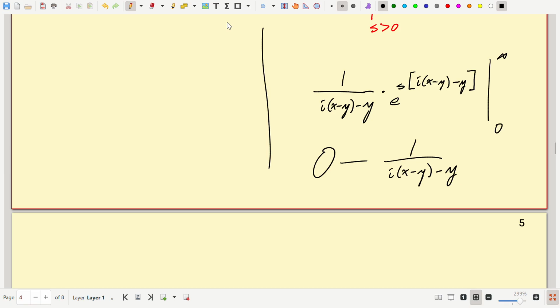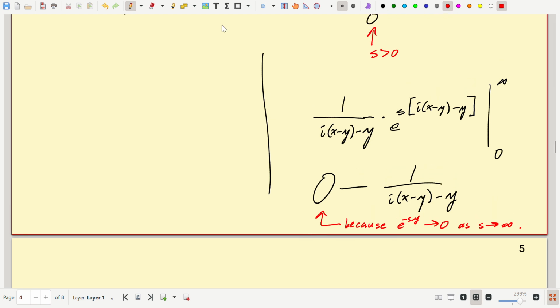And that 0 is because e to the minus sy goes to 0 as s goes to infinity in the integral. Okay, and you do the same thing for the negative one over here.